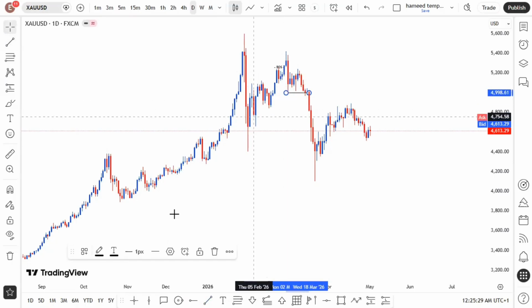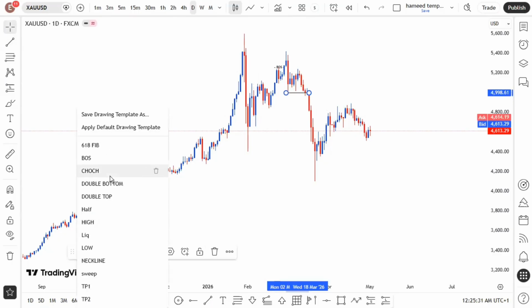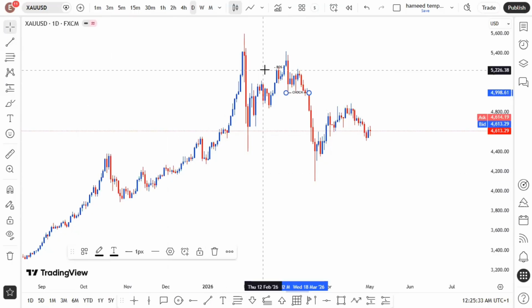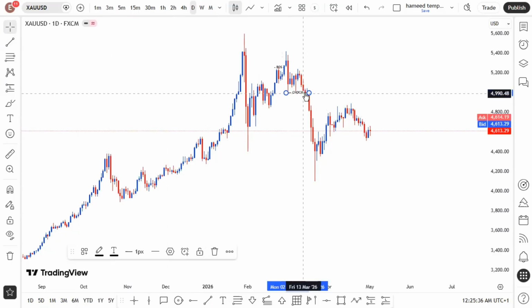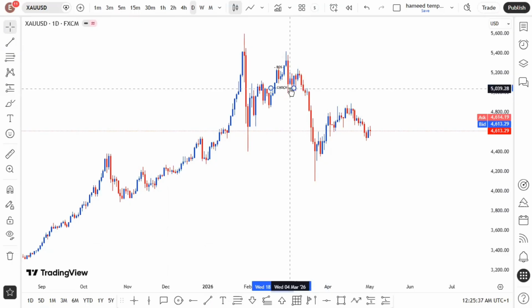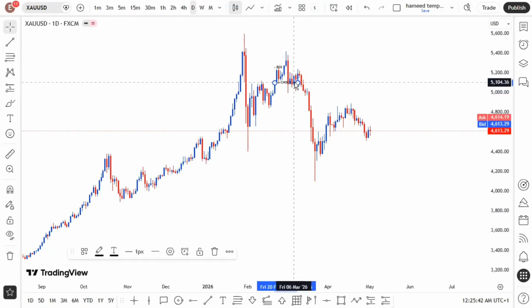This is the change of character where the market changed from bullish to bearish. This one here. Yeah, the market changed from bullish to bearish. Then we started having a break of structure to the downside.